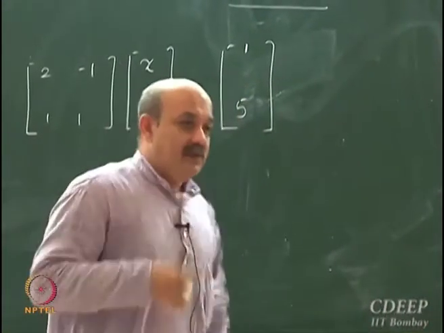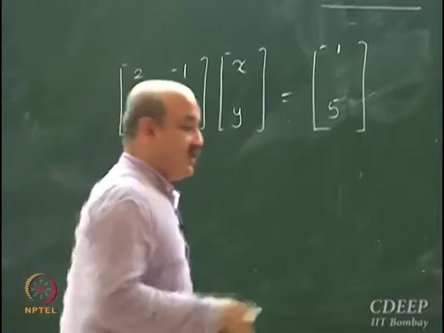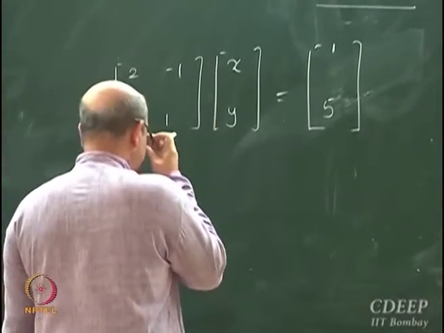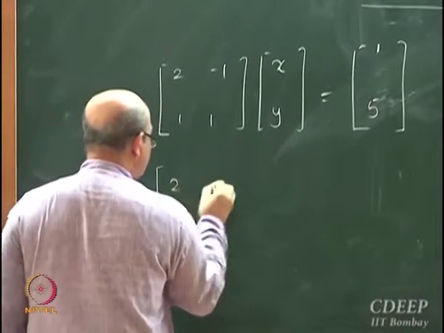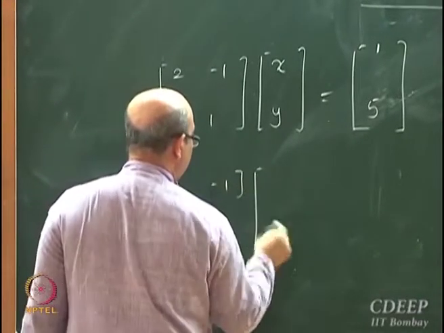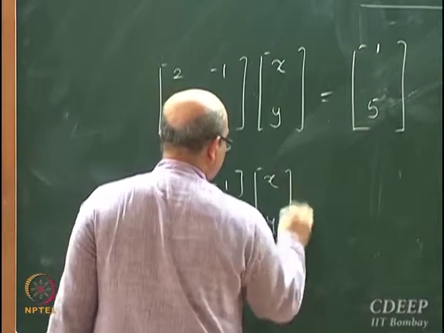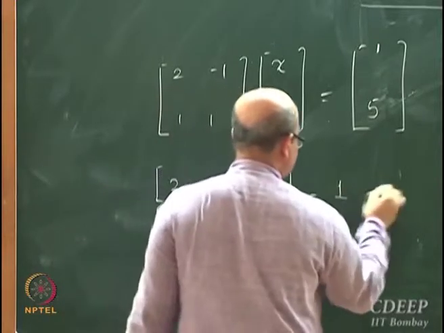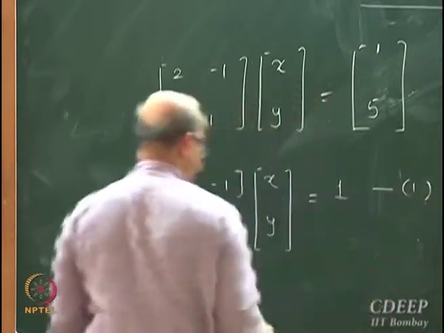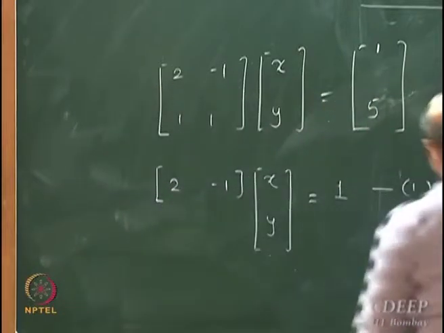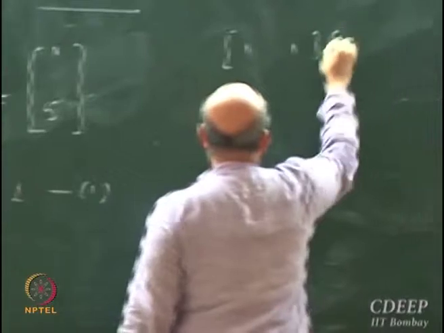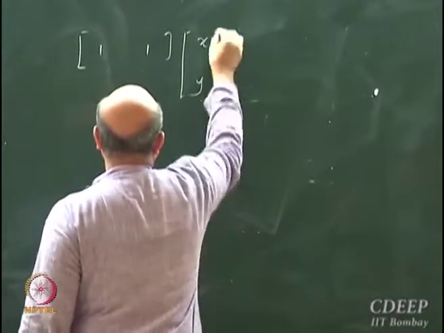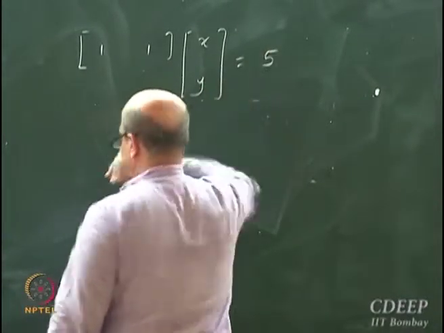In general, we can say hyperplanes intersecting. So one viewpoint is this: [2 -1] times [x y] is equal to 1. This is equation number 1, and the second equation is [1 1] times [x y] is equal to 5.